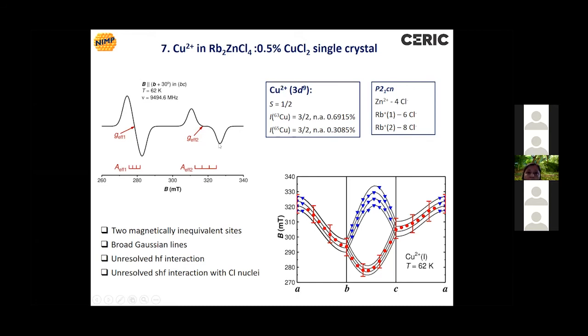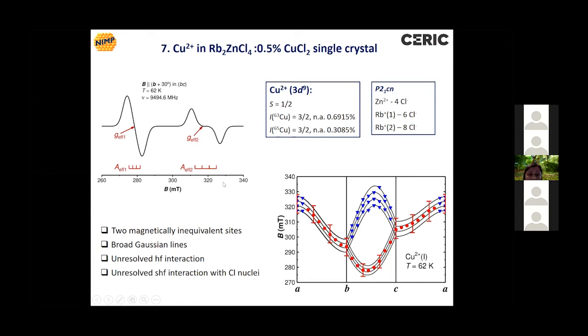Let's look at the system. Copper 2+ has two isotopes with 3/2 nuclear spin and different natural abundances, but they have different magnetic moments, so their spectra would be slightly shifted one from the other.